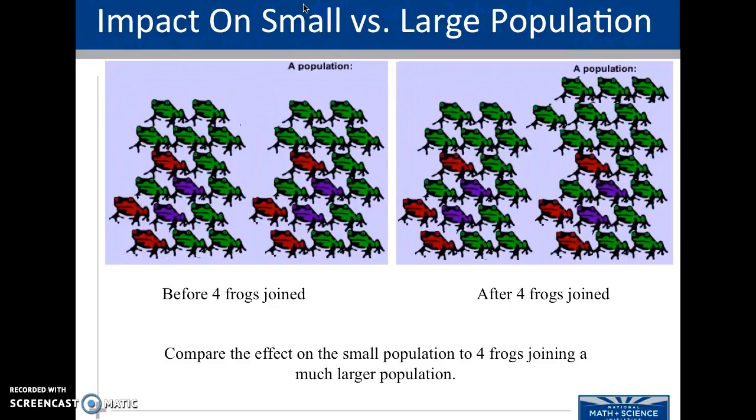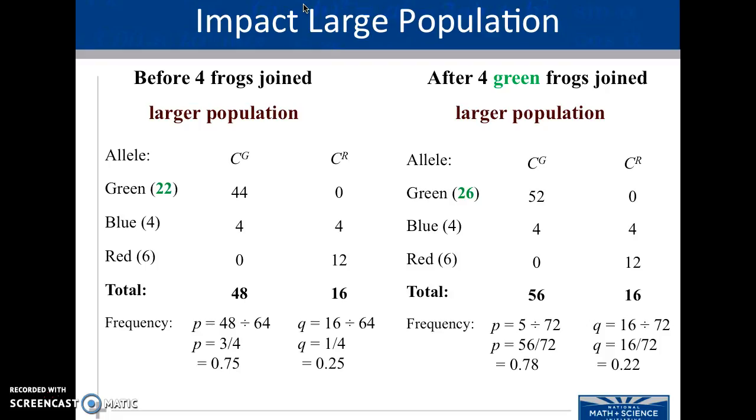The impact of these changes on small versus large populations. Hopefully we can predict that if there were 4 frogs joining a small population, we're going to impact the percentages much more greatly than if they joined a larger population. On the right is the large population in general, before the frogs join and then after.